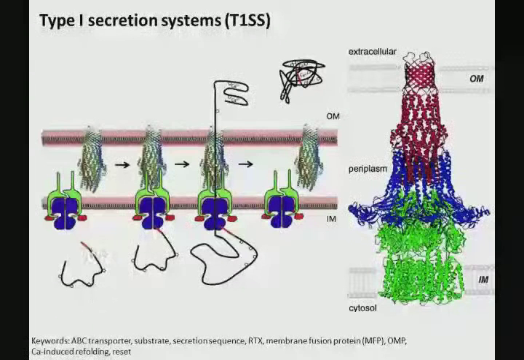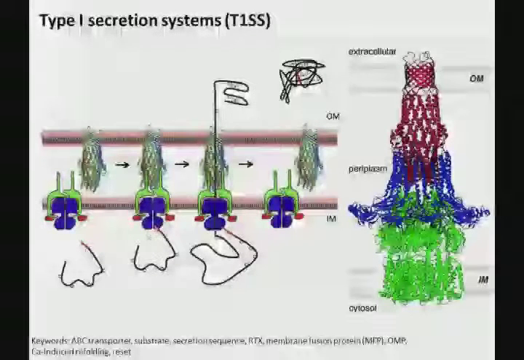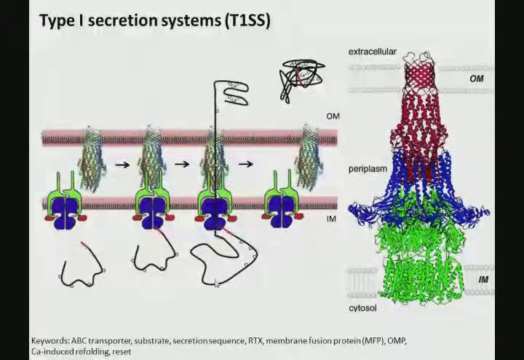It has a secretion sequence that's recognized by this inner membrane component. And then there is a membrane fusion protein, MFP, which is this green part here, and then an outer membrane porin component, which is shown with the structural depiction here.